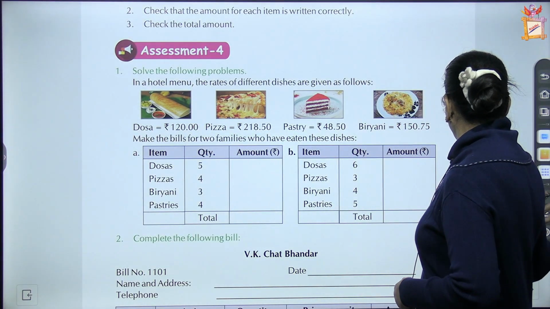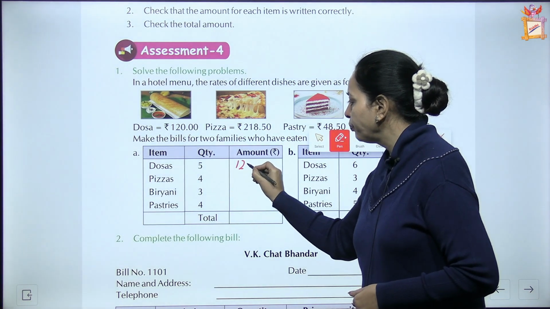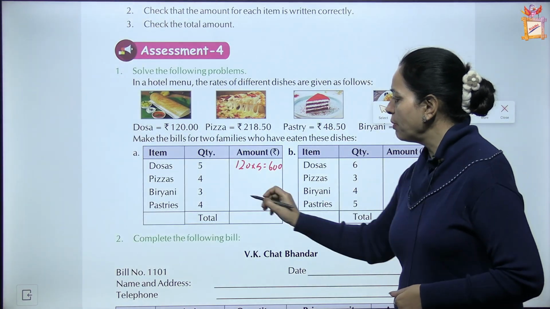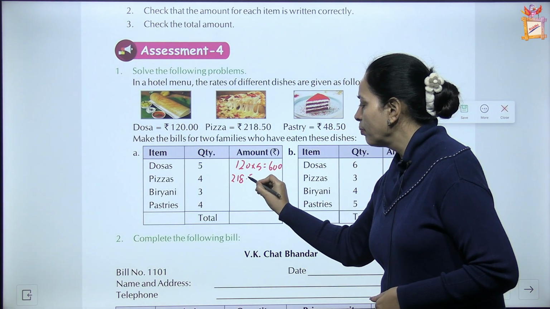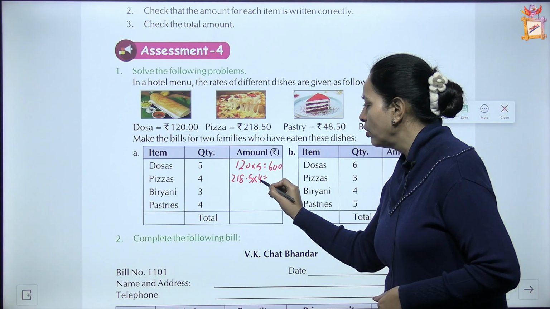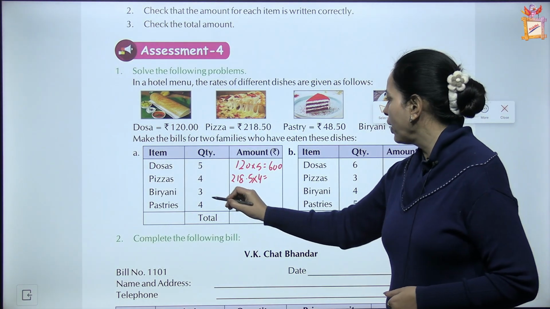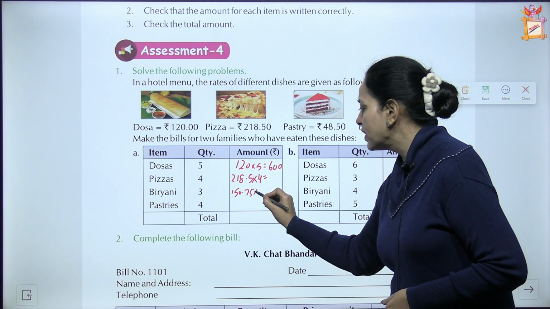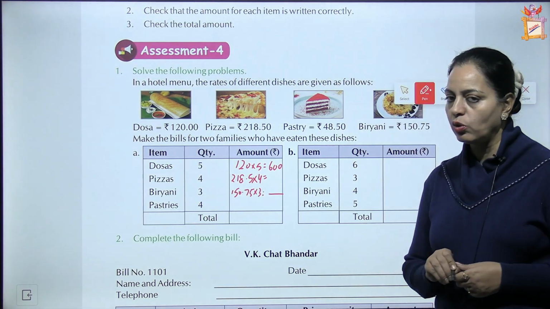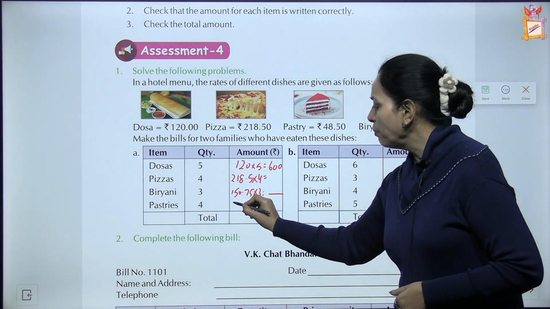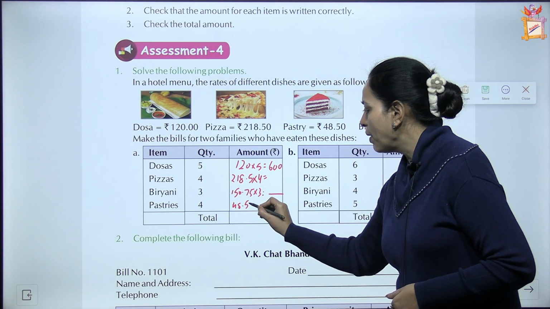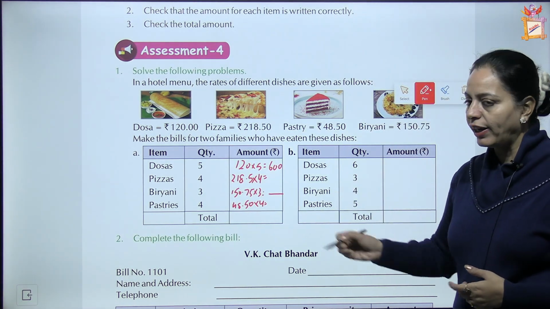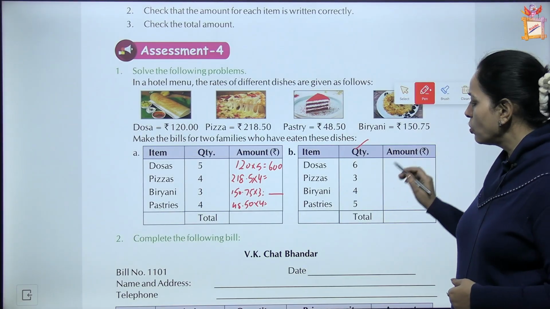So it means 120 into 5, that is 600. 4 pizza, it means 218.5 into 4. We can calculate it. Now biryani 3. So 150 rupees 75 paise into 3. We can calculate it. And pastries, 1 pastry 48 rupees 50 paise multiply by 4. So like this we can find the total, or we can do for this also, right?